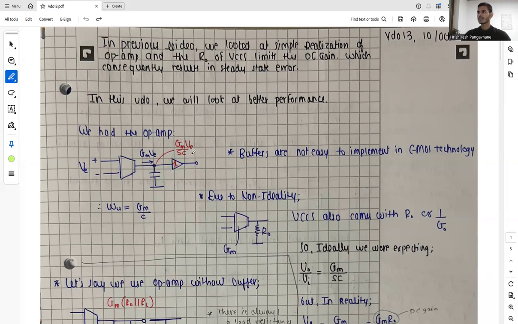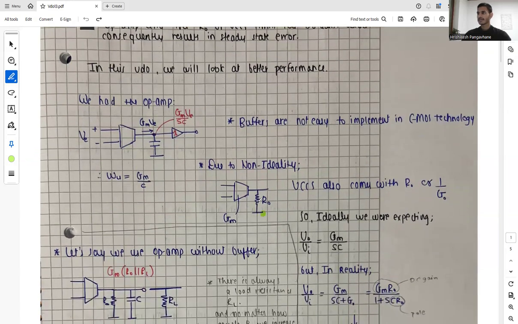We knew that gm by sC times V is our loop gain, but in reality, buffers are not easy to implement in CMOS technology, and due to non-ideality there exists the R naught. The VCCS also comes with R naught or 1 by g naught, as it is not an ideal current source, but a practical current source.